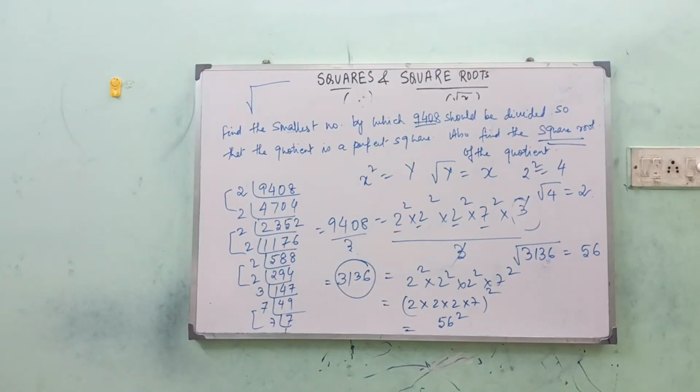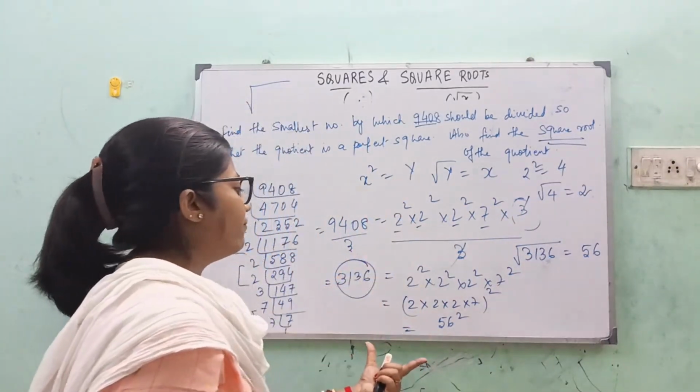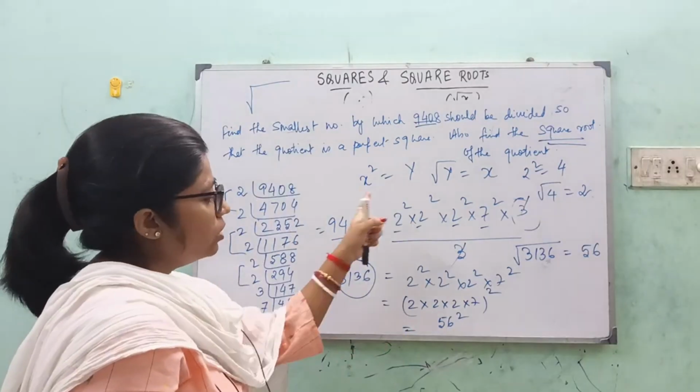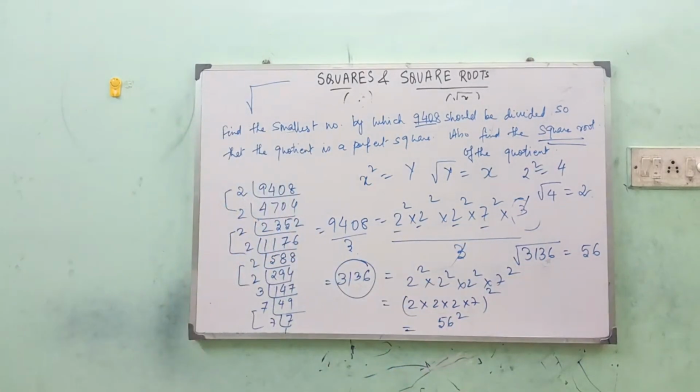When we have to find the square root of this, we already have the prime factorization done in the previous step. We need not do the prime factorization once again. So just remove the 3 from there, and we have this as 56 squared. So the square root of 3136 is 56. Alright.